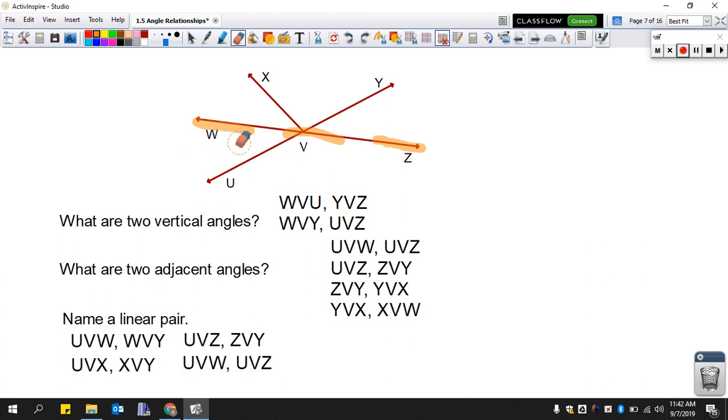You can have, if you go to the upper part, once again we're talking about the different angle combinations that form WVZ. All right. So we could have WVX and XVZ.